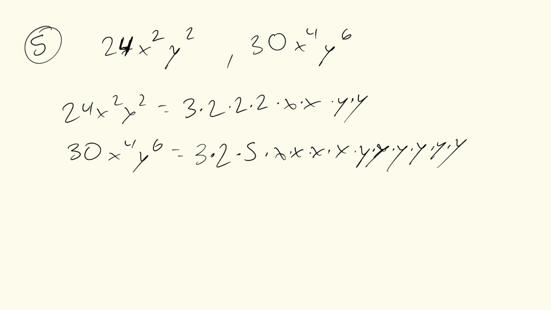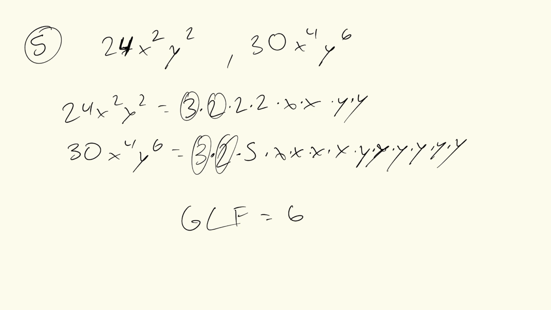And so now the GCF, when you find which common terms you have in each, you have a 3 in each and you have a 2 in each. So that will give you 6.